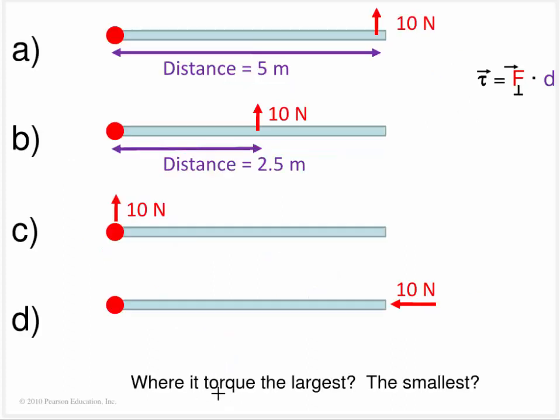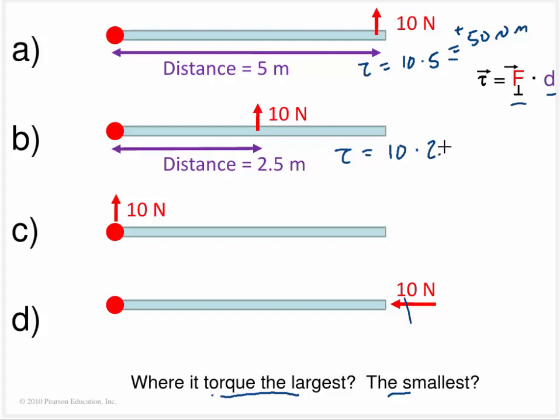So let's get a little bit of practice figuring out some torques. We're looking for the largest and smallest torques. For this guy right here, the torque is equal to the force times the distance, so that's 10 newtons times 5 meters, which is 50 newton meters. I'll make that explicitly positive because it is counterclockwise. For this guy right here, the force is still 10 newtons, the distance is 2.5 meters, so we're looking at 25 newton meters.